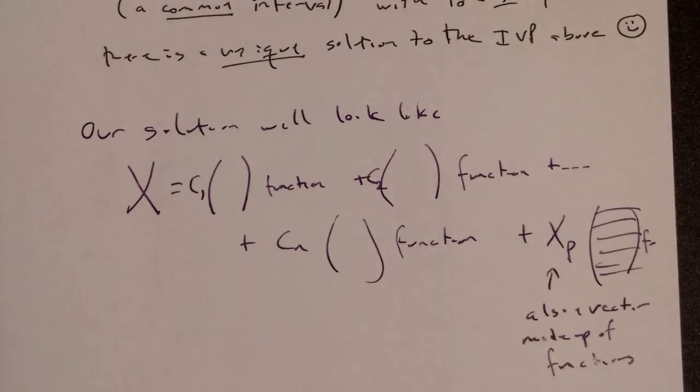Which means I'm going to have to use the same tricks we used before. I'm going to need to do undetermined coefficients, or variation of parameters, or something like that.